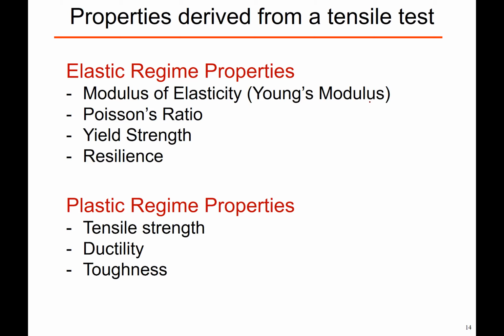So the deformation is reversible. And we can measure things like Young's modulus, or the modulus of elasticity. We can measure Poisson's ratio, so how much does a material expand and contract? The yield strength, as well as the resilience. Right? So that's the energy absorbed in the elastic regime.